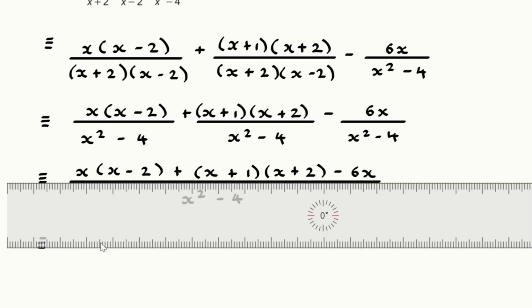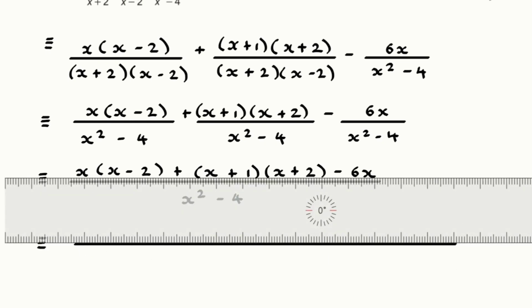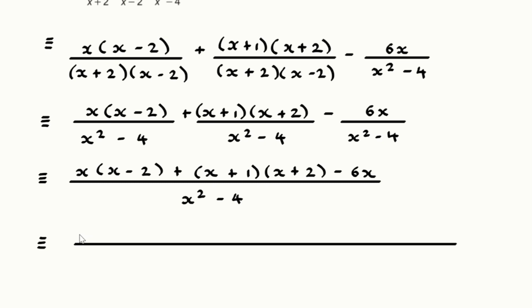So on the top I've got x squared minus 2x. Now here I've got x squared, and then here I've got 2x plus a single x, which is 3x. Then I've got the plus 2, and then I've got the minus 6.